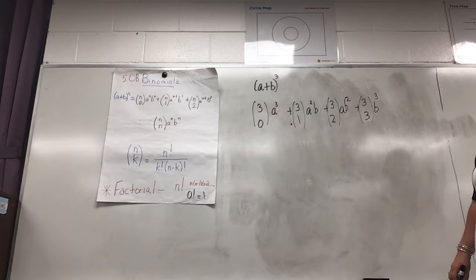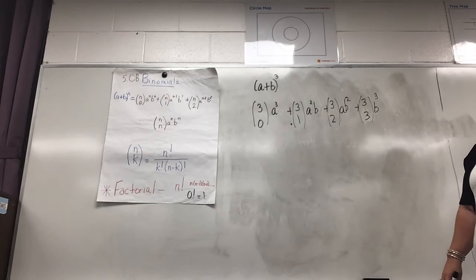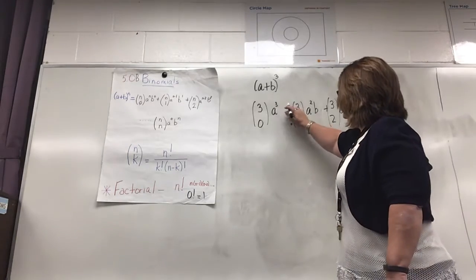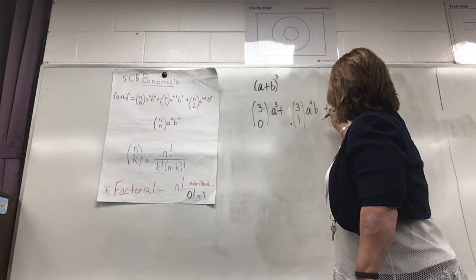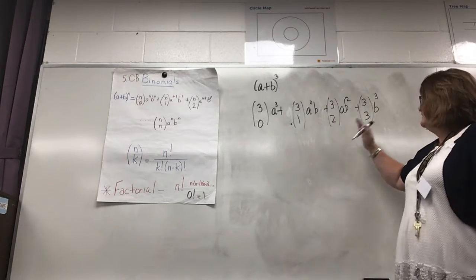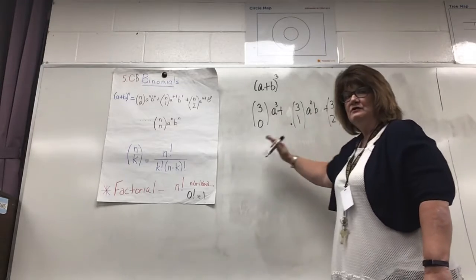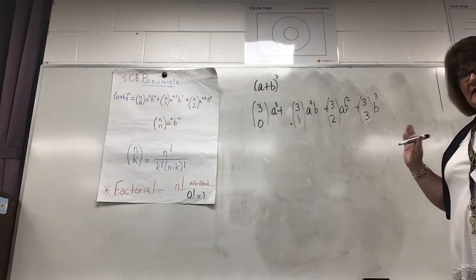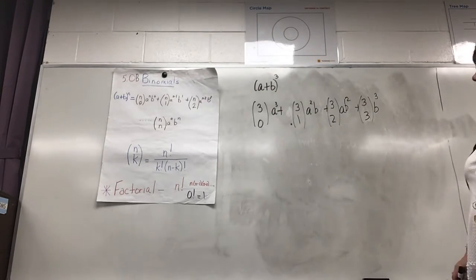So there it is, all set up and beautiful. Now you will have coefficients. You will have coefficients right here, usually in the middle, right? On the ends, if you remember last year, those usually came out to be 1s, right? But the coefficients end up in the middle.